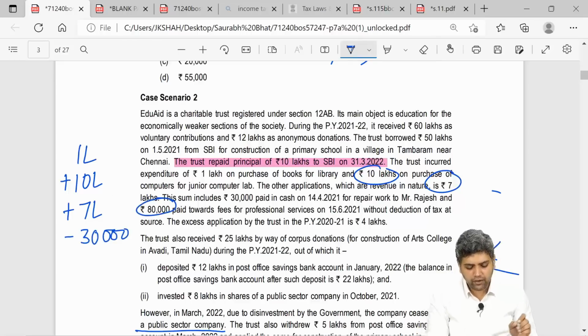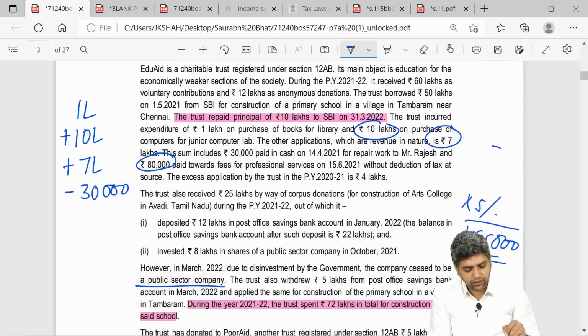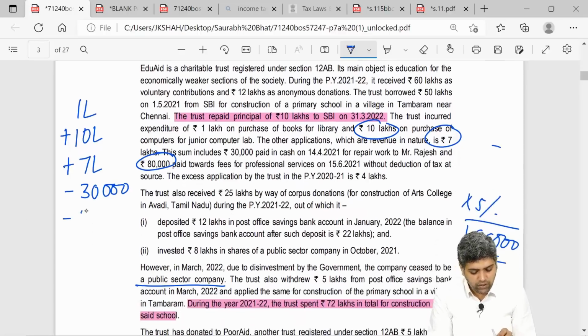Further they say 80,000 you have incurred towards fees for professional services on which tax is not deducted at source. I told you just now that in case tax was deductible but you have not deducted, then 30% of such expense would be disallowed. 30% over here comes to 24,000 rupees, so that would be disallowed.